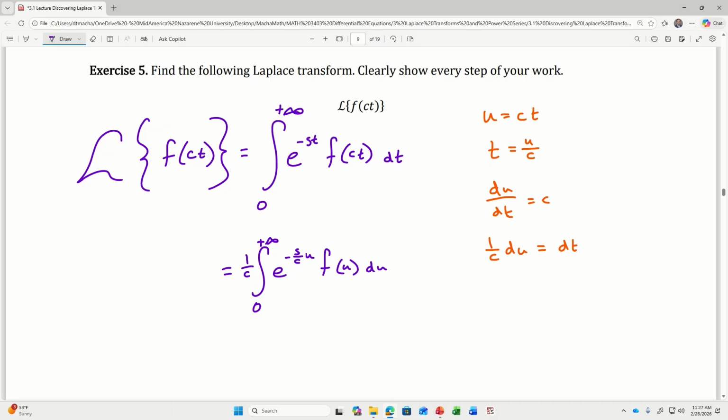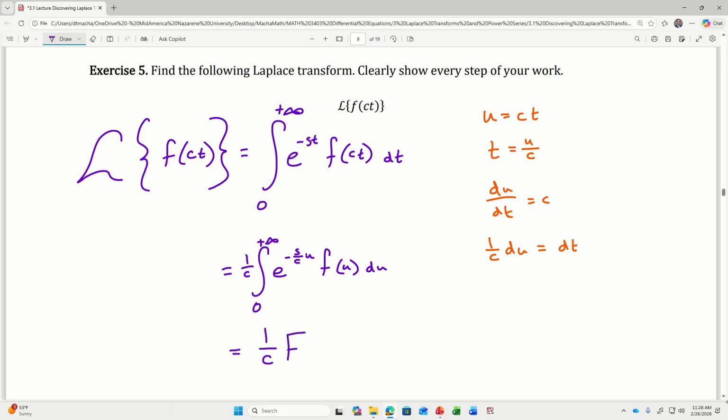So this is the formula for the Laplace transform, except what's different about it? The part that's different is instead of having an s here, I have s divided by c. The other difference is just cosmetic: I replaced the t's with u's. But it doesn't matter what symbol we use, it's the same idea mathematically. Really, the difference here is that we're replacing the s with s over c.